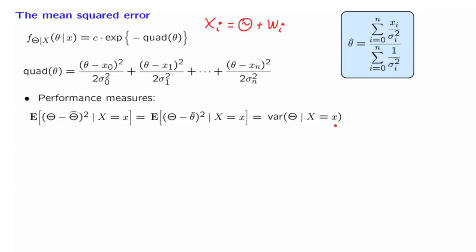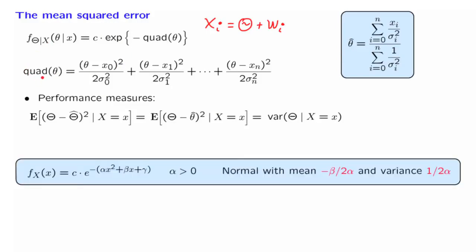Can we eyeball the variance by just looking at this formula for the posterior distribution? More or less we can. Recall this earlier fact that if I give you a density of this form, you recognize that it is normal, and you also recognize that the variance is determined by the coefficient that comes next to the term of the form x squared.